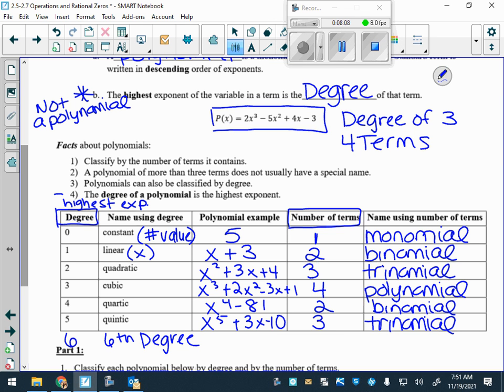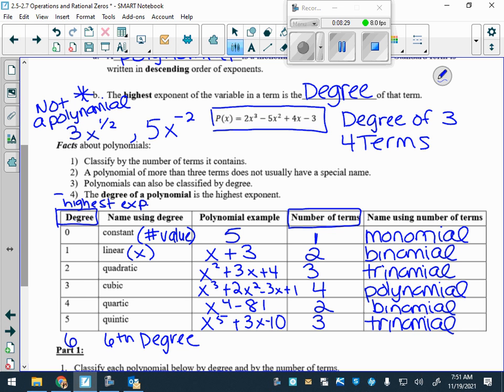Would be something like if I had 3x to the 1/2, or if I had 5x to the -2.